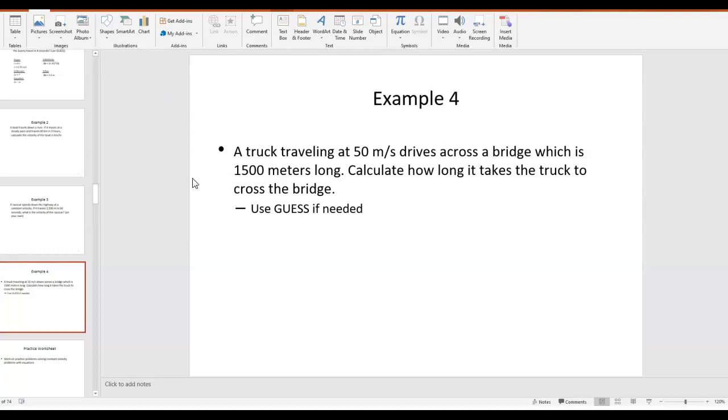The answer is going to be 30 seconds. Okay, that's the answer to example 4. So if you want the extra practice, if you don't feel confident, try to do example 4 on your own, and then this way you can check to see if you did it correctly.